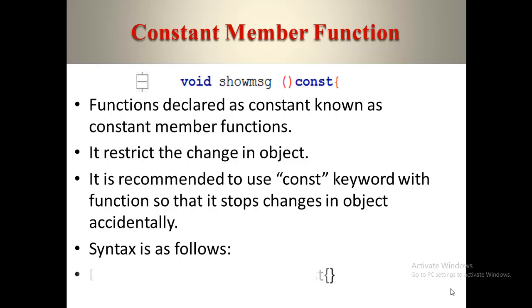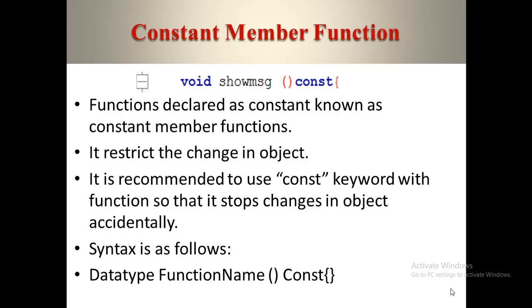Syntax is as follows. The data type, in the above example you can say that the void, it means it's a data type, or if your function is returning any integer value or char value, so you have to write the data type according to that.